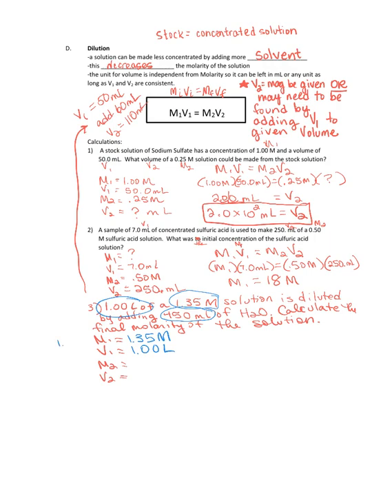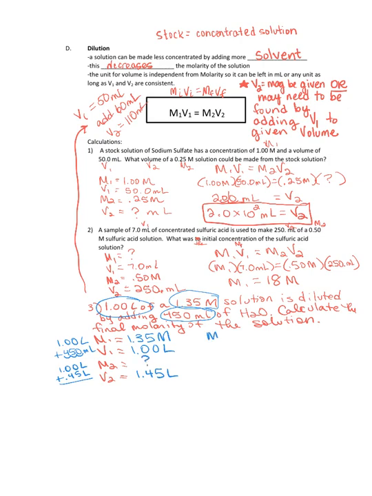We have 1.00 liters plus 450 milliliters. The problem with that is we can't just add those two. One is in liters, one is in milliliters. So we have to move our decimal and make this 1.00 liters plus 0.45 liters. And that gives us a new volume of 1.45 liters. Hope you followed that.